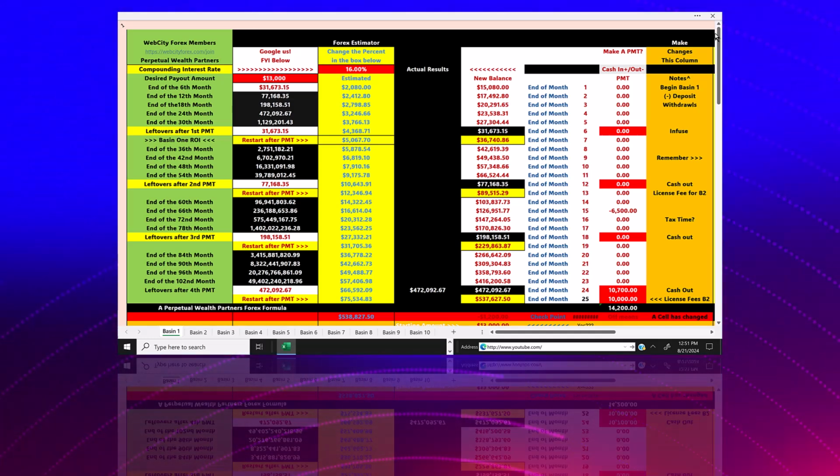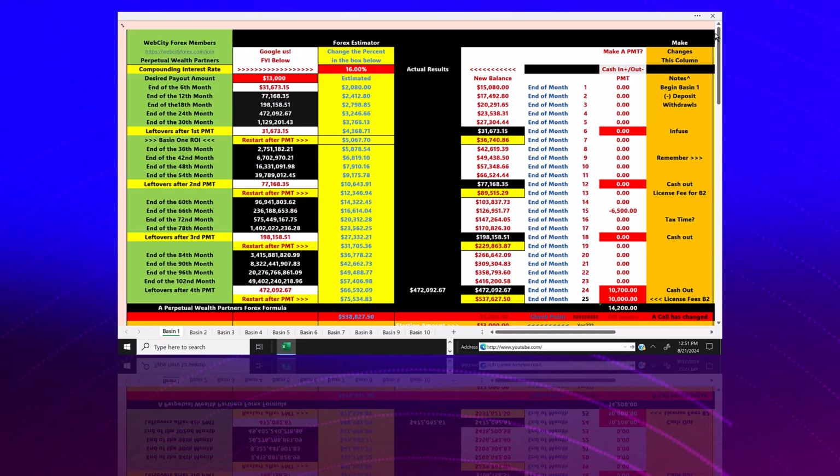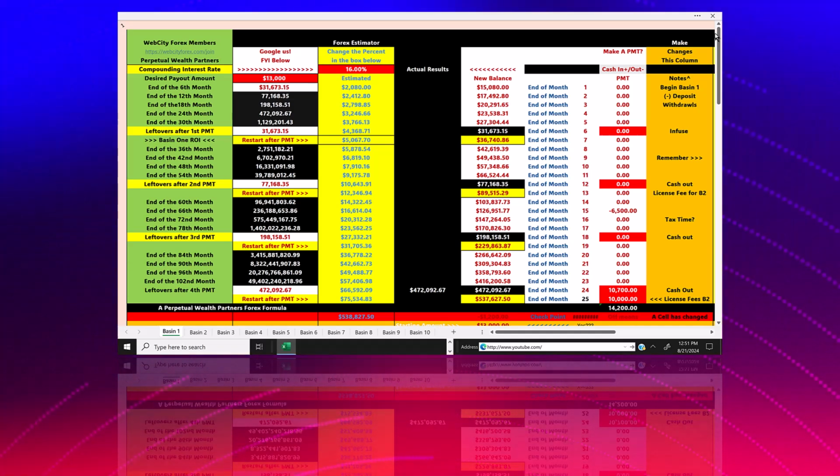So you get up to a certain level, a fourplex lot could cost you 100,000.